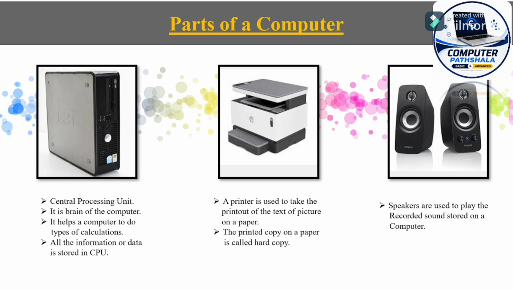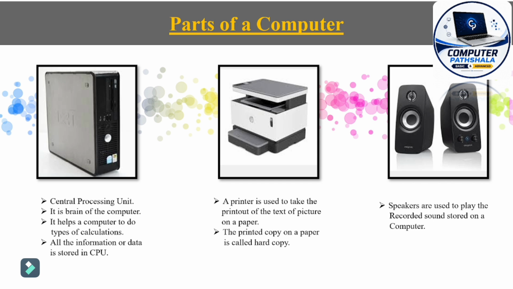Next part is the CPU, which is a very important part of the computer, also known as the brain of the computer. Why? As we process everything from our brain, if we have to think about anything, do any work, learn something, remember something, everything is done with our brain. So here also all types of calculations, all the data stored, all the information, where to put, where to save, everything is done by the CPU.